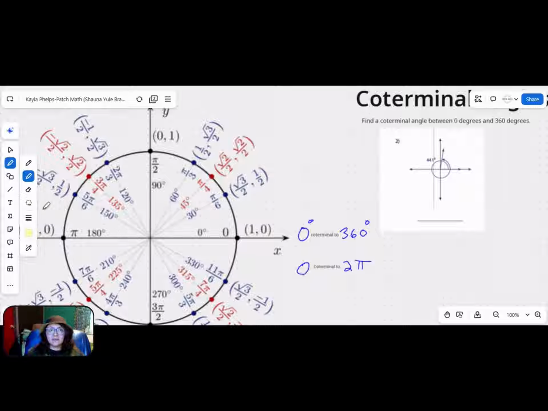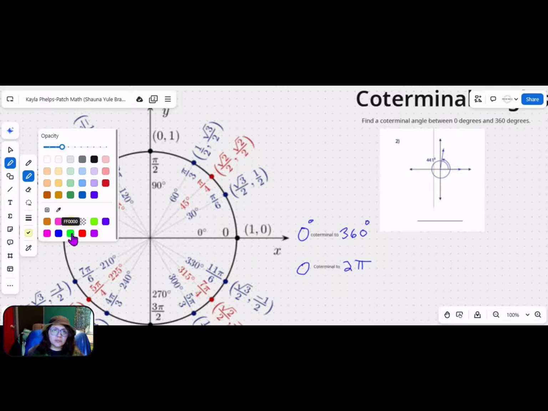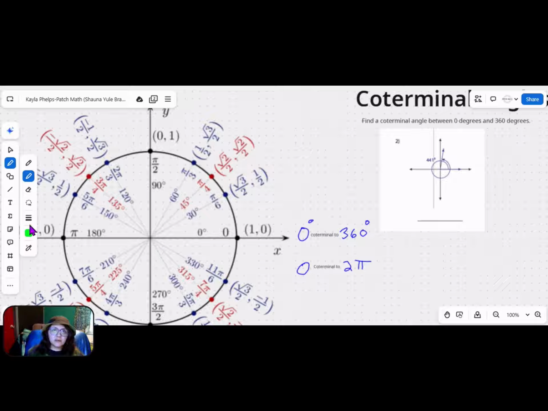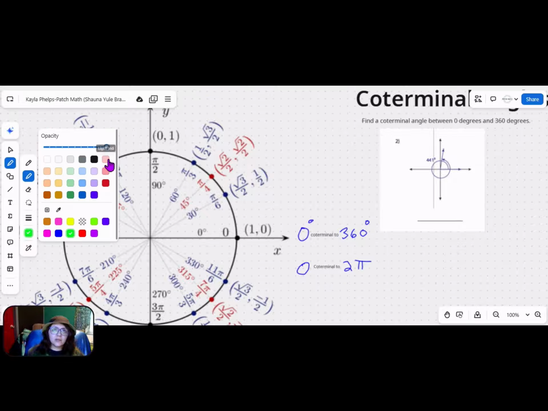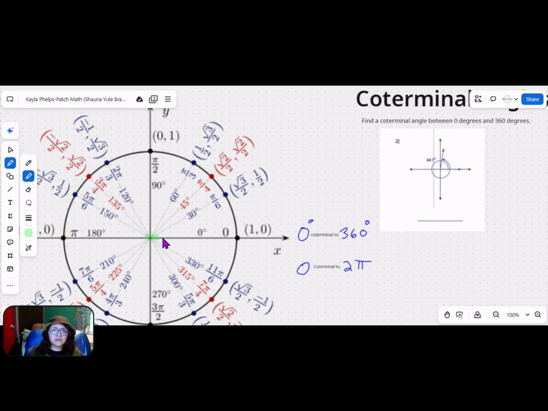But we do have negative angles as well, and negative coterminal angles. And so we can take that very same angle measure and represent it negatively. So we start at that very same spot, but instead of opening counterclockwise for the positive angle, we're going to be opening clockwise. Clockwise is the negative direction here.